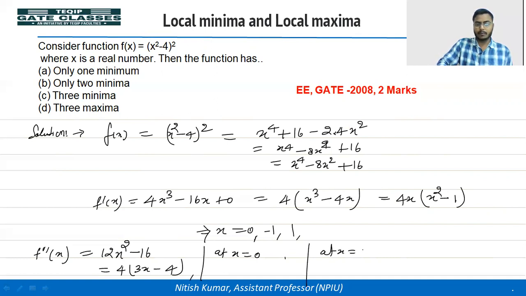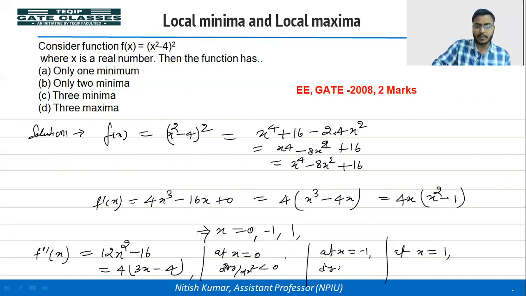At x = −1, what you are getting here? At x = 1, what we are getting here? So at x = 0, you can see the double differentiation is less than 0. At x = −1, you can see also double differentiation is less than 0. At x = 1, you can see that this double differentiation is also less than 0.